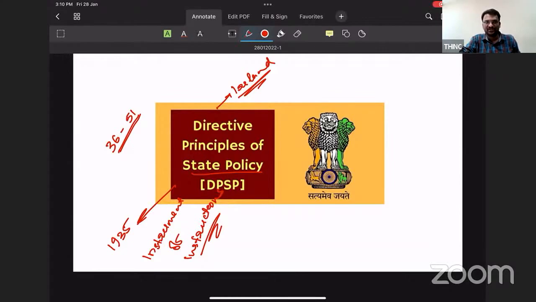They need to make laws, even in the Parliament or state legislative assemblies, in accordance with the DPSP. So the ideals coming under the DPSP should be respected while making the laws. That is the idea of adding DPSP.